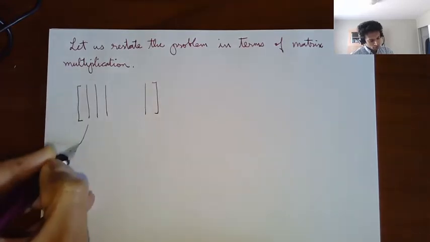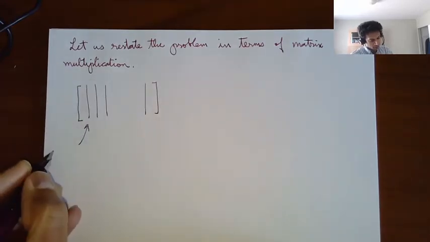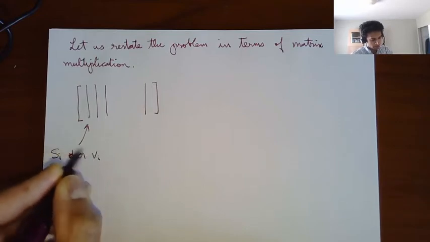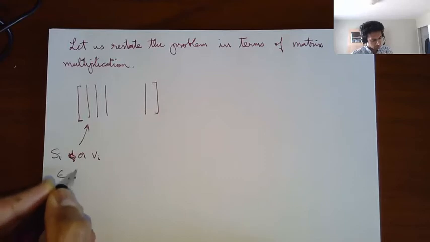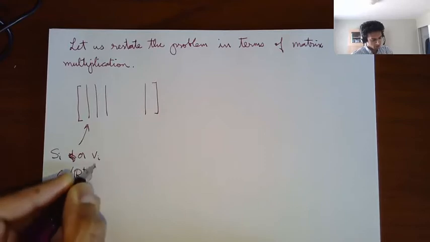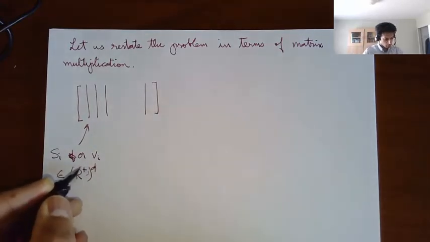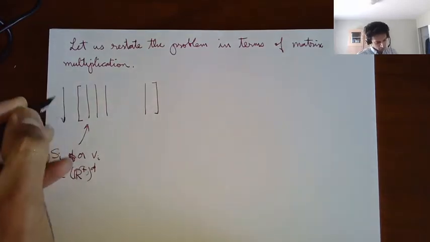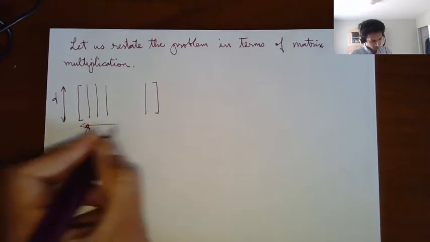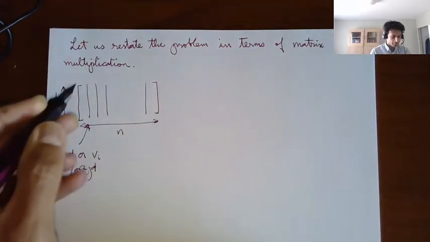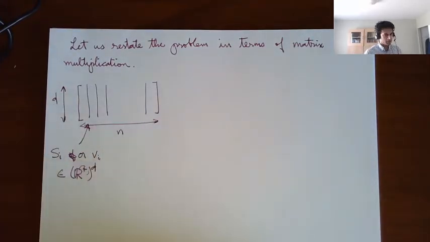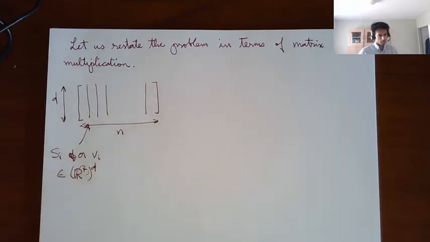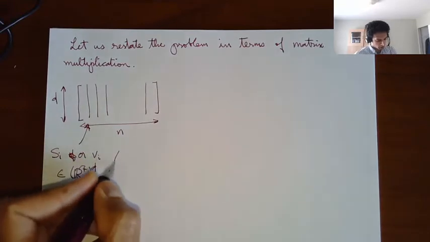I'm going to write out these vectors here. You can think of these vectors as either S_i or v_i, basically written as a vector in R_+^d. Now this plus is going to be important. So these are all non-negative vectors. So this is d, this is n. I've drawn this as a rectangular matrix, but you could assume that d might be quite large.